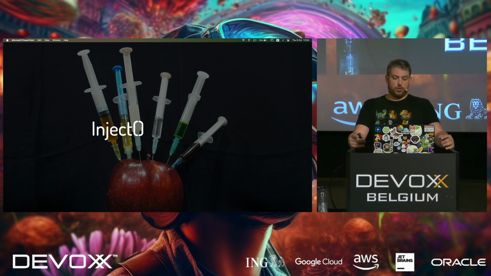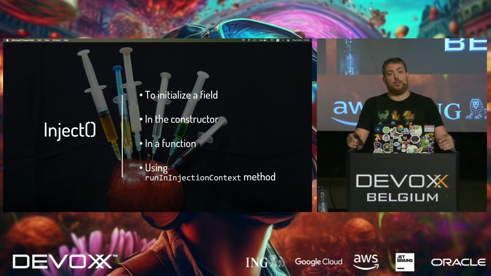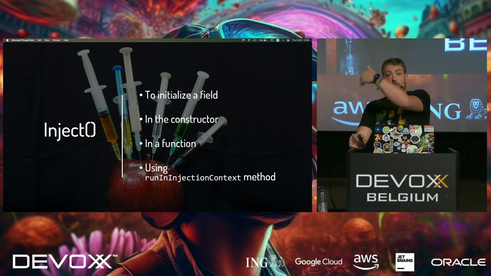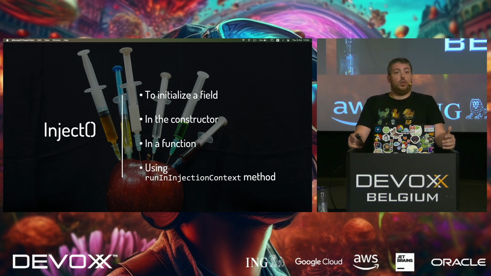And this inject function can be used at class level. It allows you to initialize a field. You can use a field and inject a dependency. You can use it in a constructor. You can use it in a function, but there is one condition to use it in a function: it needs to be called either from a constructor or from a field.